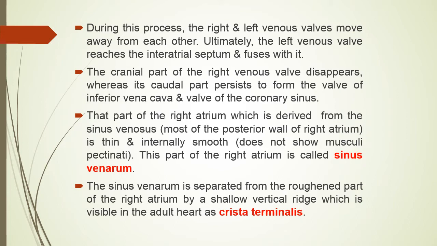And these muscular irregularities, this roughness, are seen in the anterior part of the right atrium, which is not derived from the right horn of the sinus venosus. These represent the muscles in the wall of the right atrium, so they are accordingly called musculi pectinati.